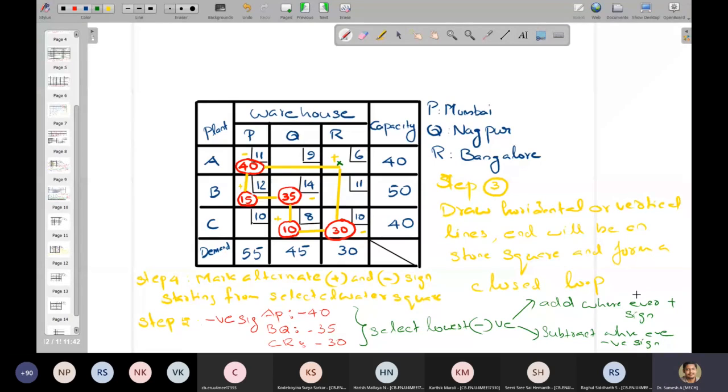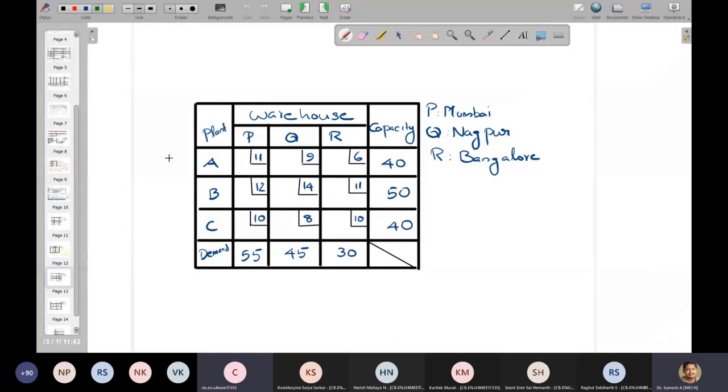Now what will the new matrix become? So this will become 40 minus 30. How much will be the new value in AP? 10. The new value in AP will be 10.